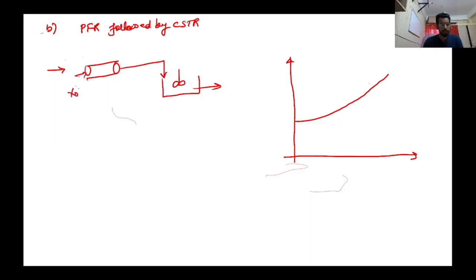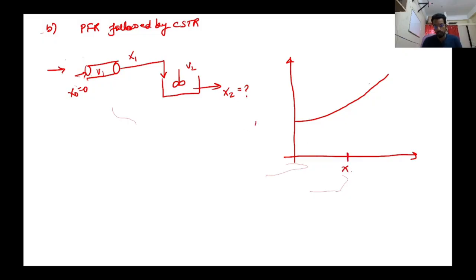X naught is equal to 0. X1 is some conversion which is going into the CSTR, then X2 we have to find. This is a PFR of volume 100 liter and a CSTR of volume 100 liter. Suppose I get X1 here.